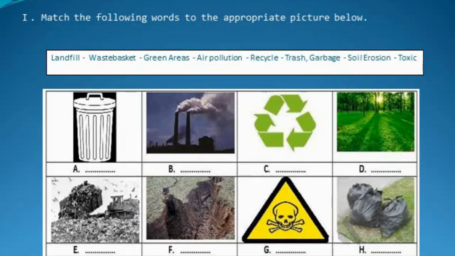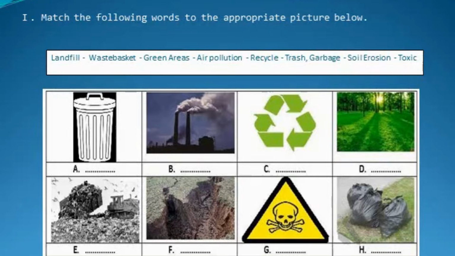Landfill is a place where we throw our garbage and trash. We have a waste basket, green areas, air pollution, recycle, trash or garbage, soil erosion. Soil erosion means انجراف التربة, and toxic.